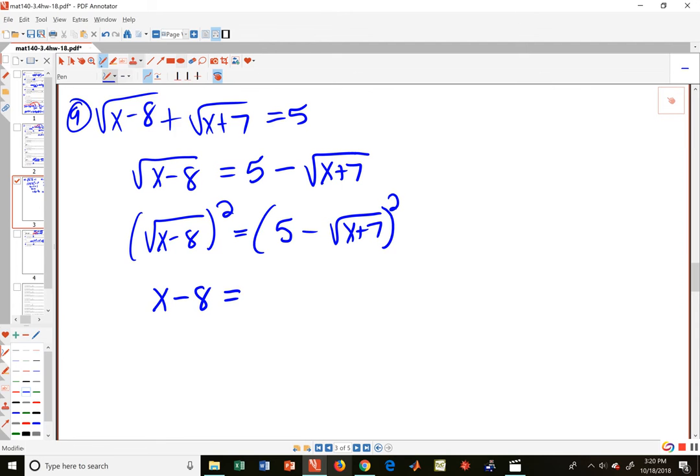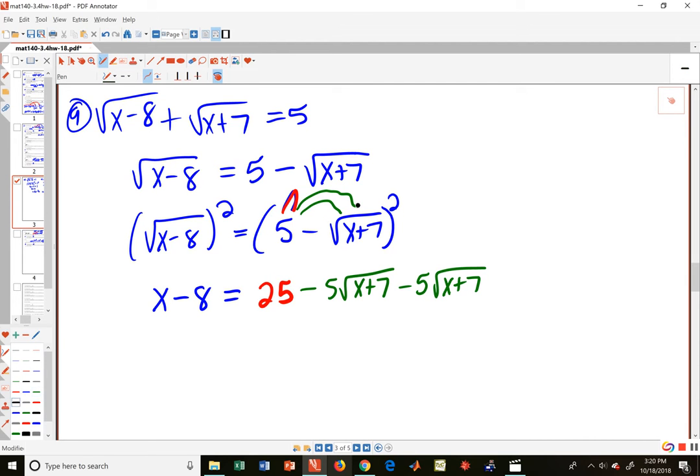So let's do it. You've got the first: 5 times 5 is 25. You've got the outer, which is going to be a negative 5 square roots of x plus 7. And then you have the inner, which is also a negative 5 square roots of x plus 7.